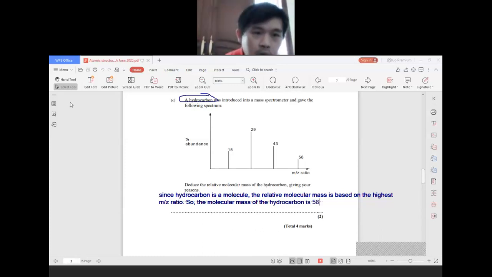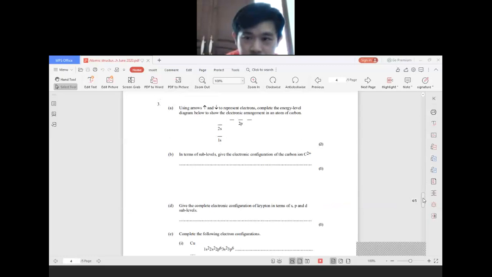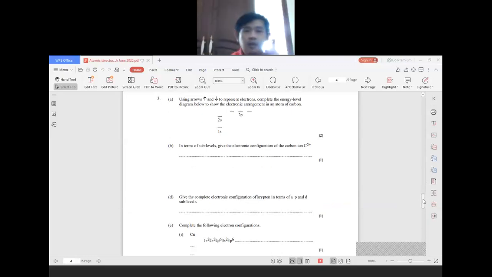Okay, now let's continue to this one. Using arrows, up and down means the electron spinning direction.